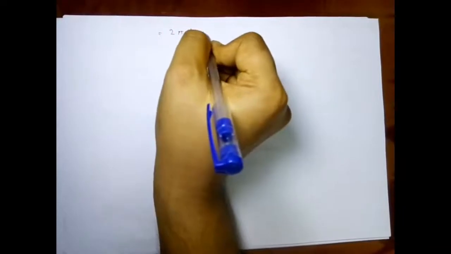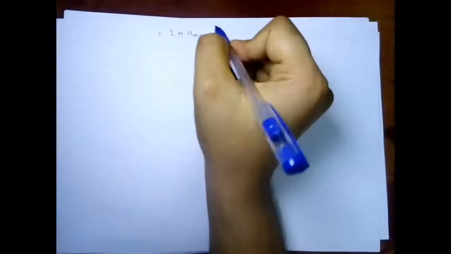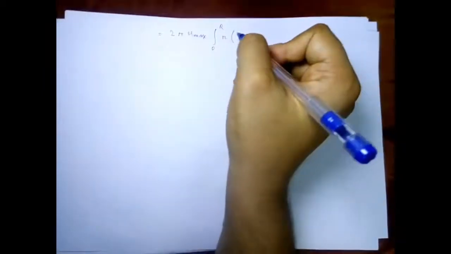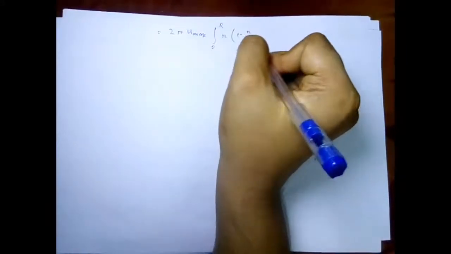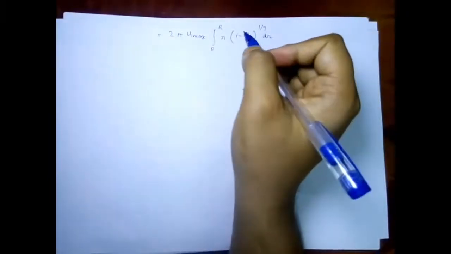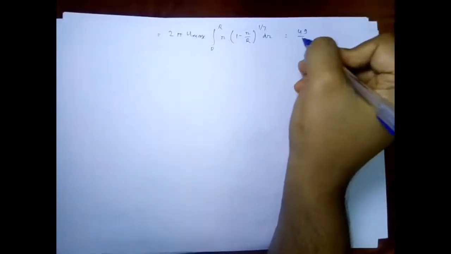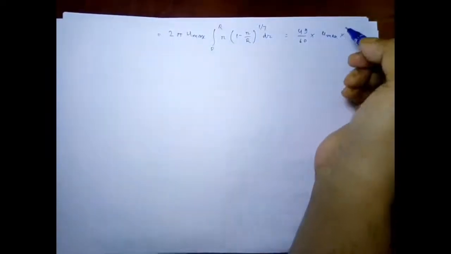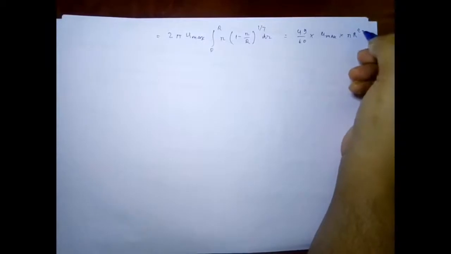So it will be somewhat like this, that is equal to 2 pi u max outside the integral times the integral from 0 to R of r times (1 minus r upon R) to the power 1 by 7 dr. And on solving this, we will get 49 by 60 times u max times pi capital R square.